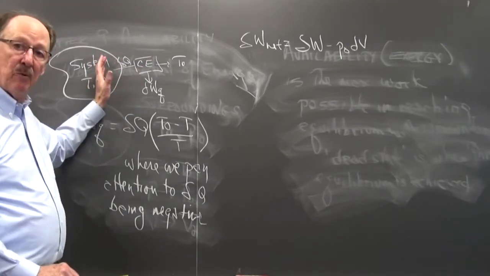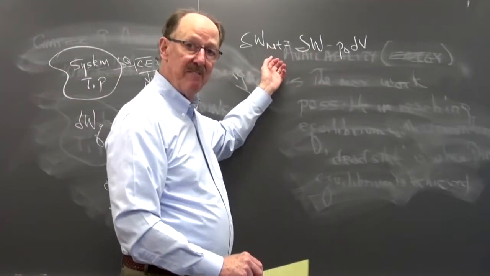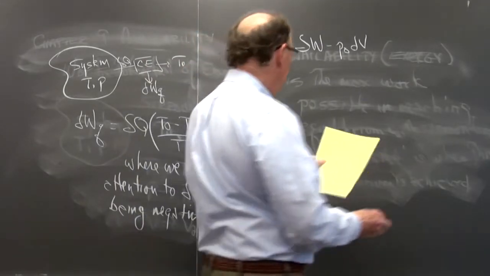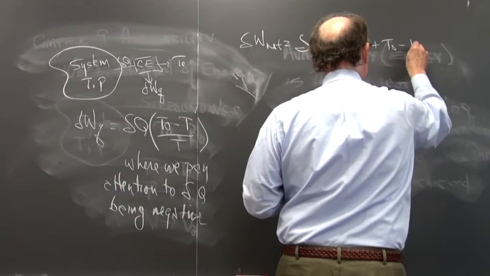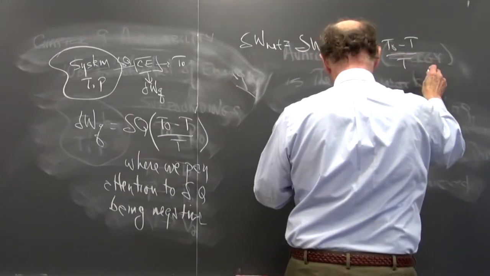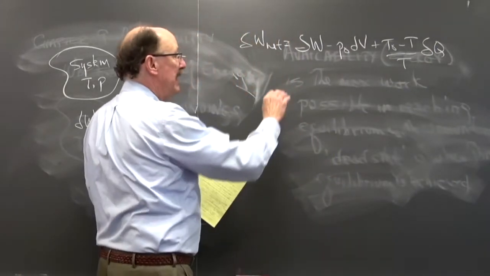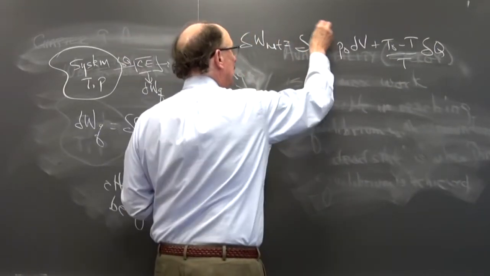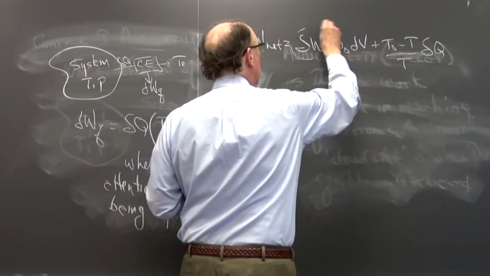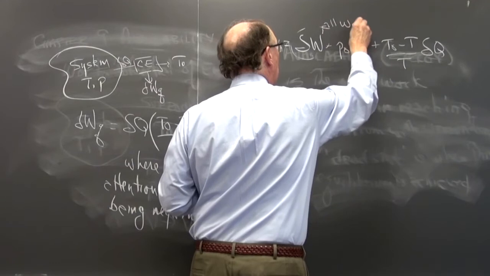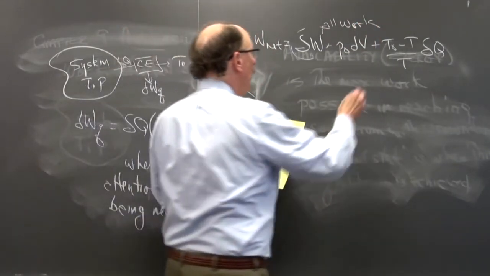So we're displacing the surroundings by P0 dV, so that isn't work that we have available. And then we're going to have T0 minus T over T times del Q. So what we did is we separated this work term as all work except the thermal work, all work forms.